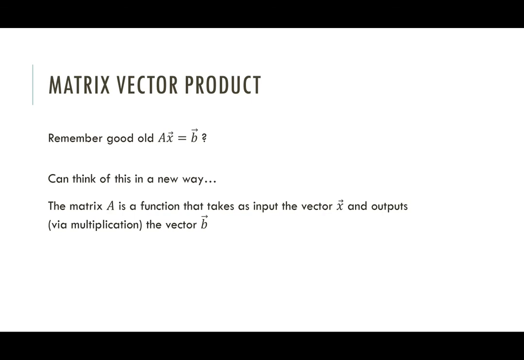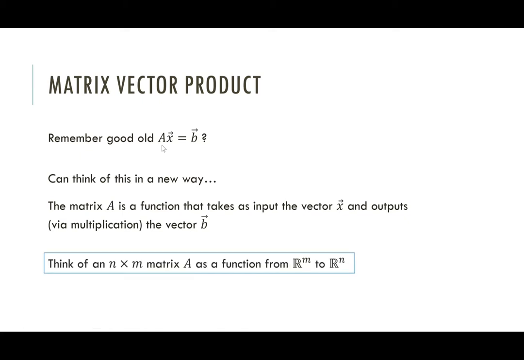So in this new way of thinking about it, we can think of the matrix A as a function that takes as input the vector x and outputs via multiplication the vector b. So A here takes vector x and spits out b via matrix vector multiplication.